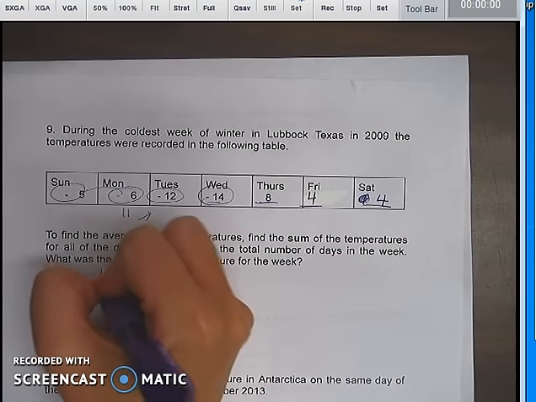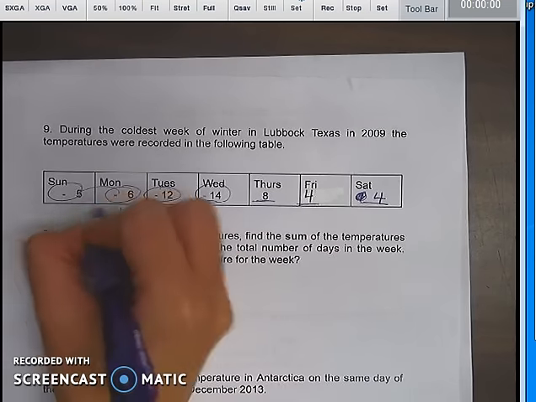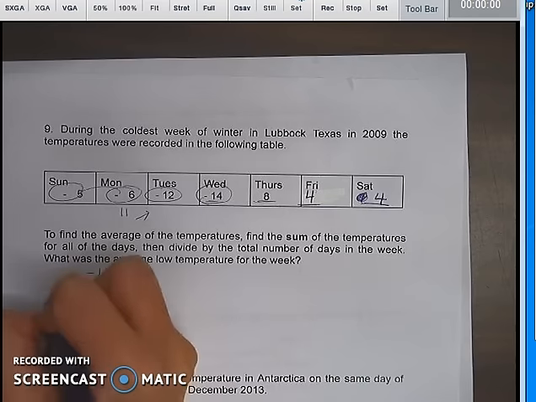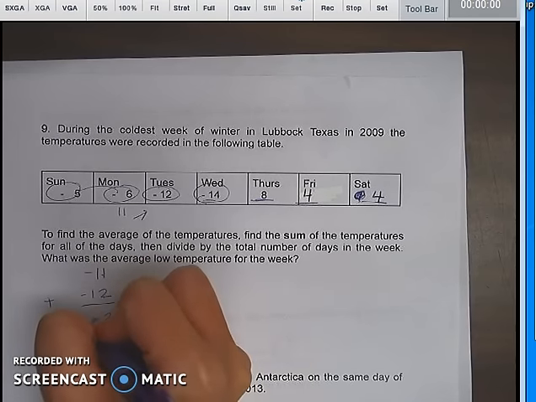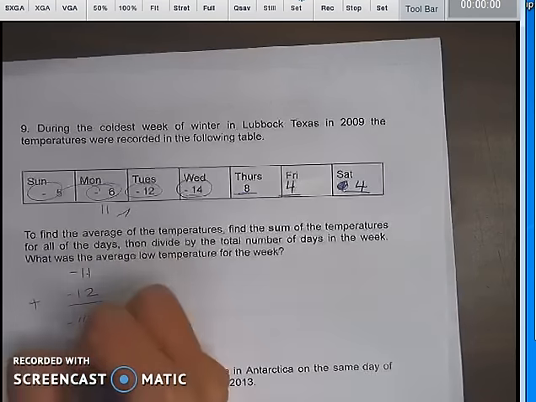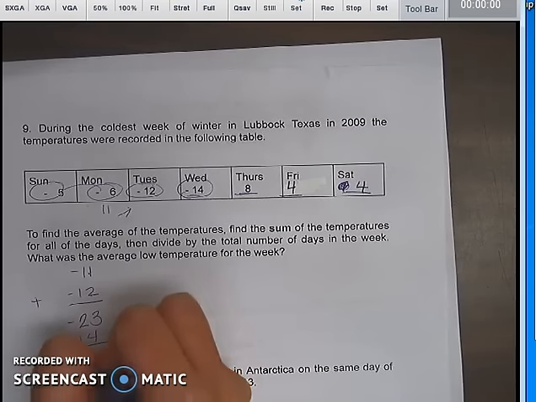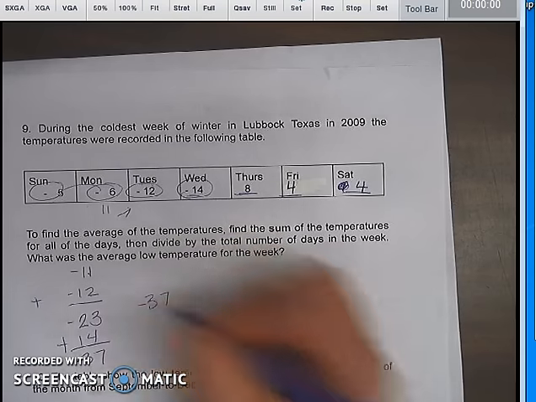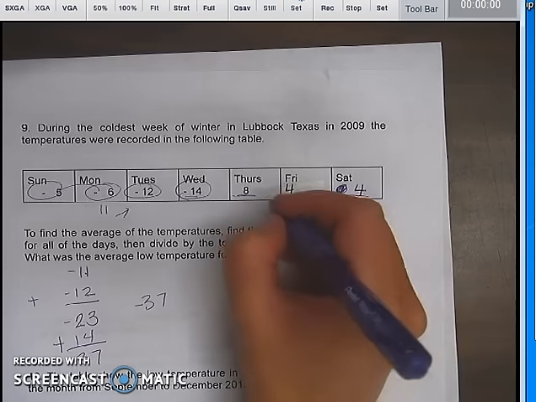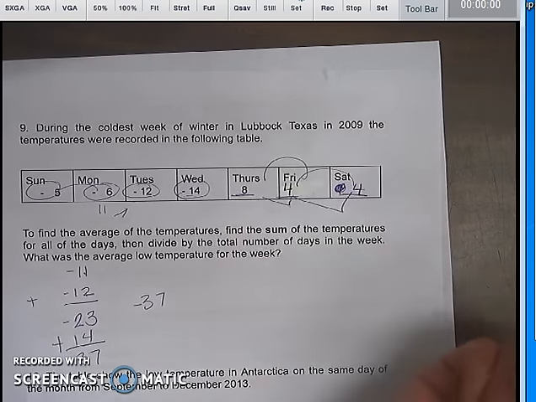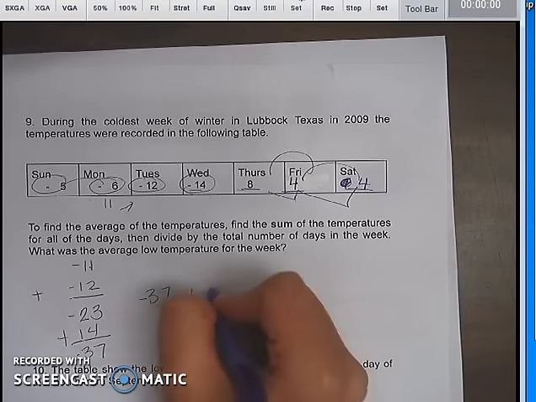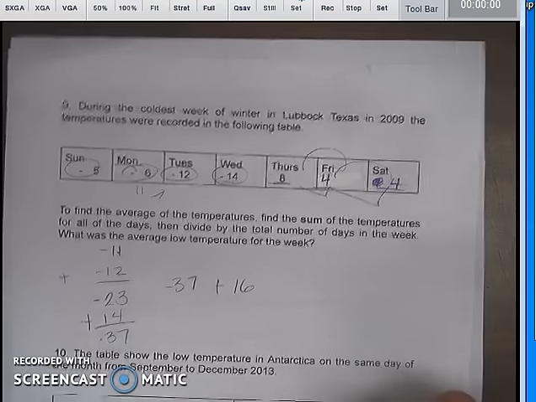So I have -11, because I added 5 and 6 and got -11, plus -12, same sign add, that's 13, that's 23 negatives, plus 14 more negatives, so that's 37 negatives. Okay, so then I want to add this up. 4 and 4 is 8, plus another 8 is 16, plus 16 positives.